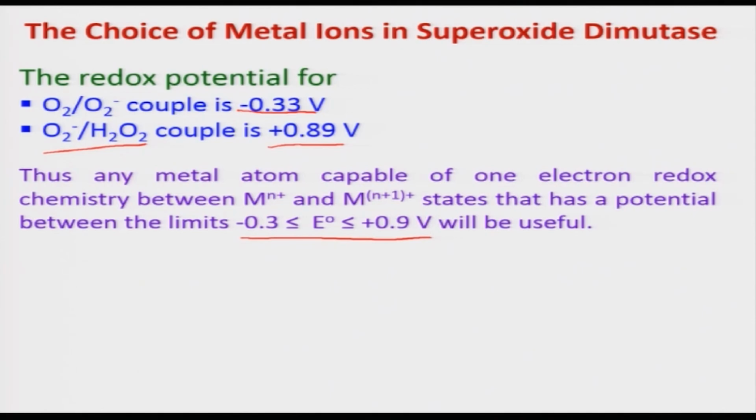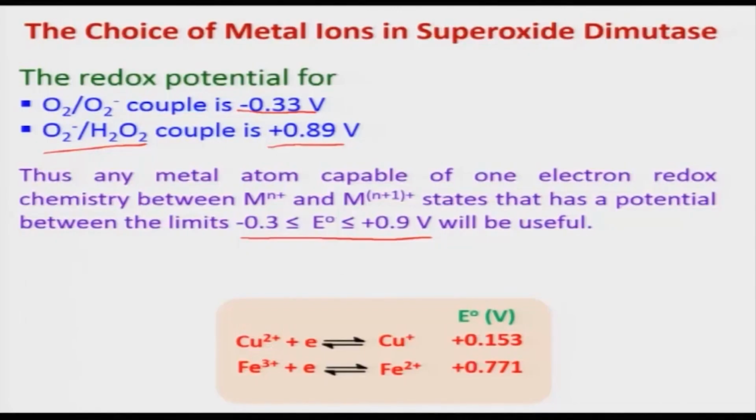So, any redox active metal ion which has a potential window of minus 0.3 to plus 0.9 volt is in principle capable of doing this dismutation reaction. And there is no surprise that nature uses copper and iron metal ions.